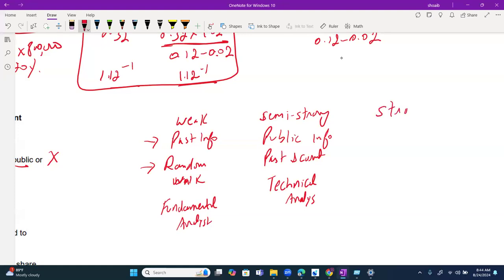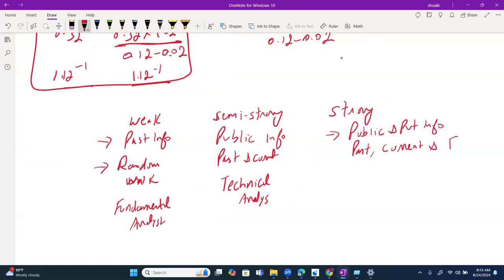Okay, strong form. It will reflect public and private information, past and current, and future? No. No one can predict the future.